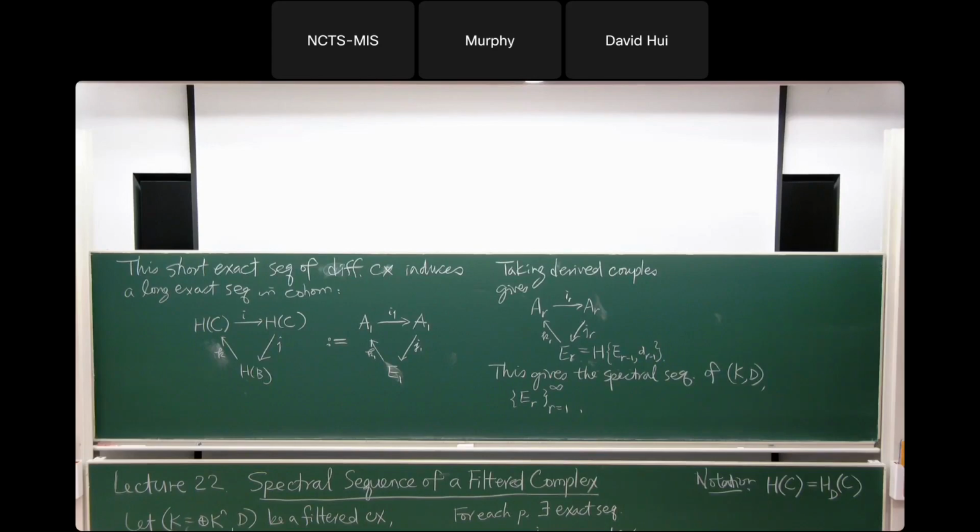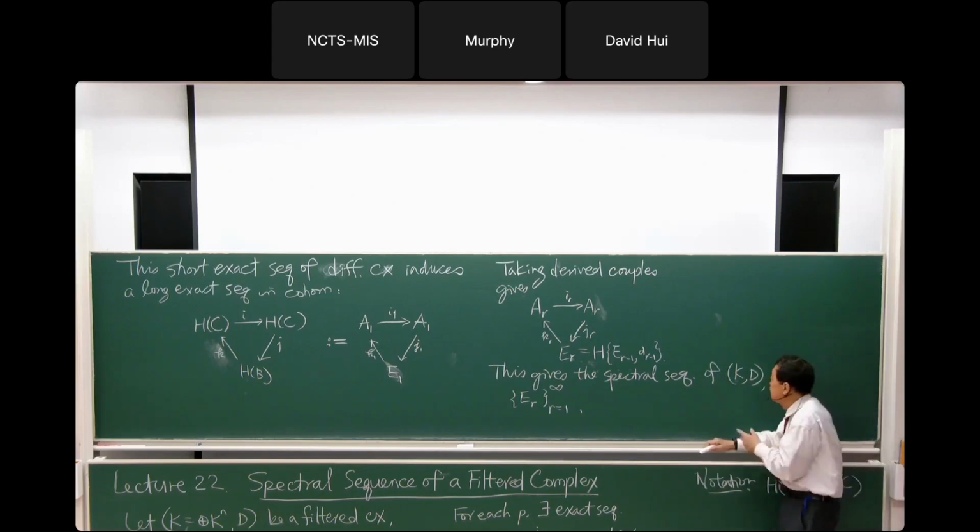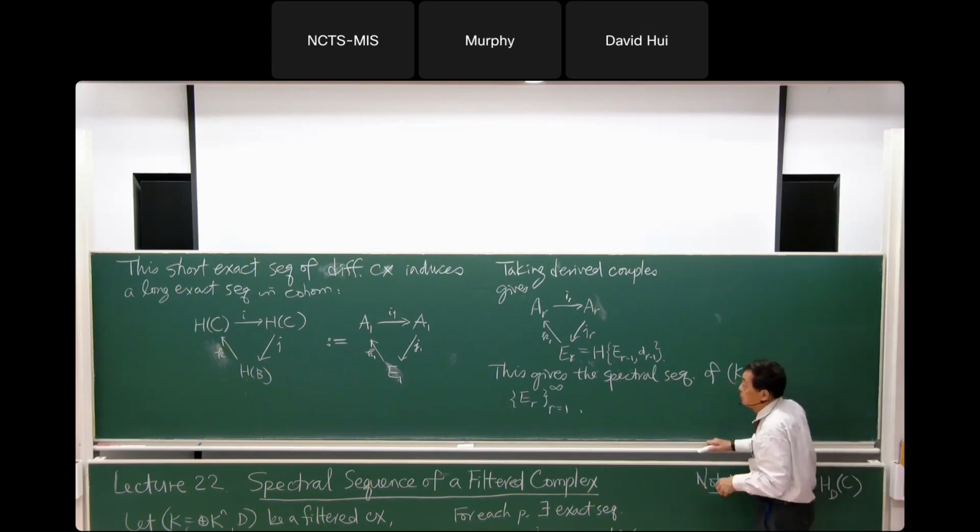What I'm going to show is that it actually computes not quite H_D of K, but there is a filtration on the cohomology H_D of K. And what this spectral sequence gives you is the associated graded complex of H_D of K with respect to that filtration.